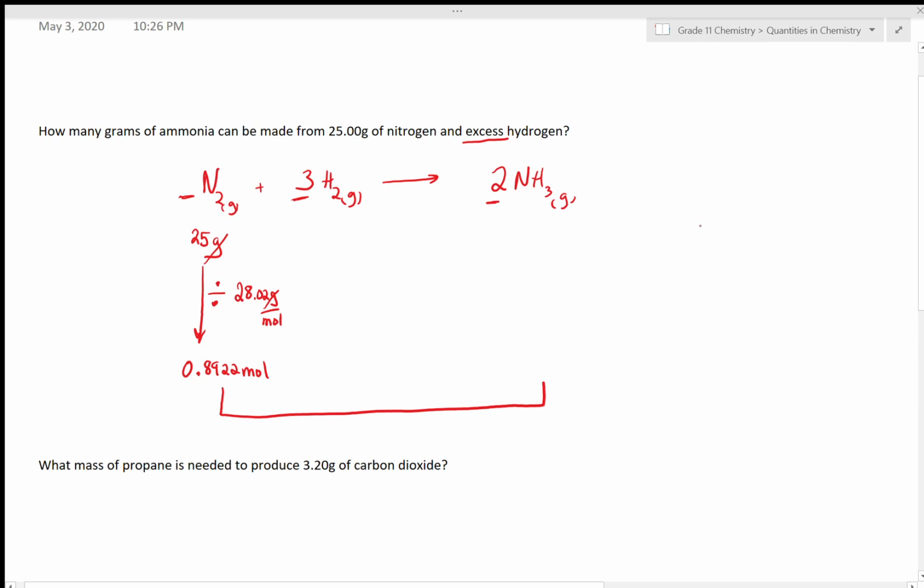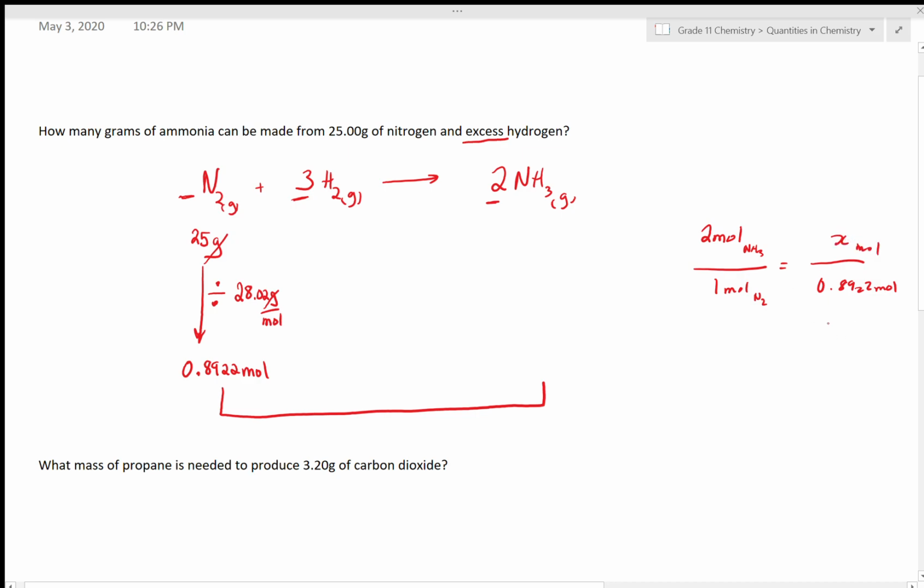So the one way that you can do that is to set up a mole ratio off to the side. So I know that for every 2 moles of ammonia, I need 1 mole of nitrogen. And that means that if I have 0.8922 moles of nitrogen, then I'm looking for moles of ammonia.